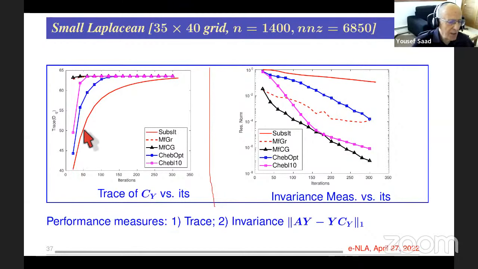Progress is not very fast, and I could use Chebyshev. This is the optimal Chebyshev, meaning using the optimal interval, what people do normally here. It turns out, and this is an observation using the context of subspaces, that's not necessarily the optimal polynomial. You have to go a little bit inside the undesired spectrum to get a better polynomial, and that's because you're not looking at individual eigenvalues, you're looking at a subspace.